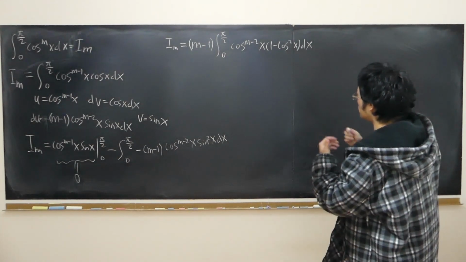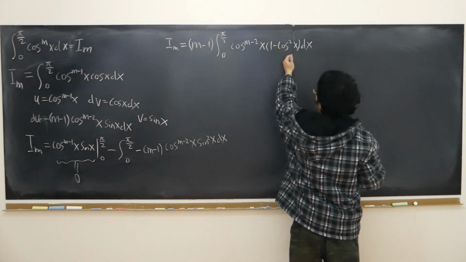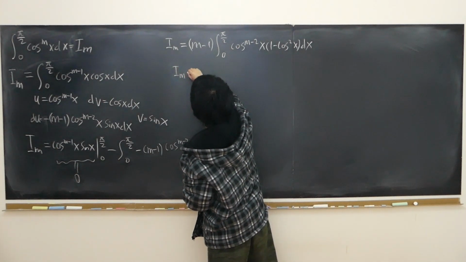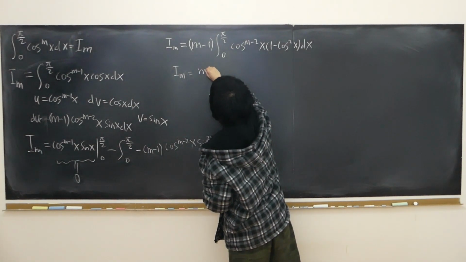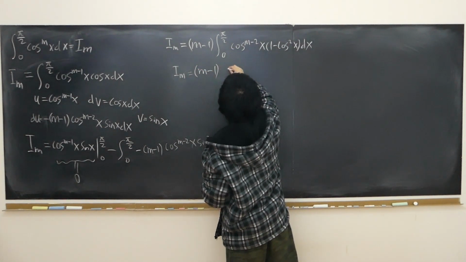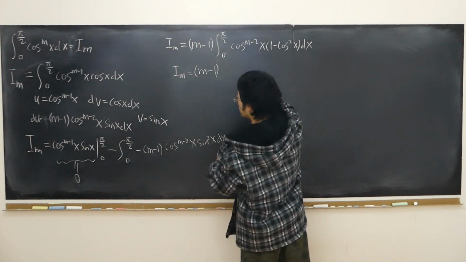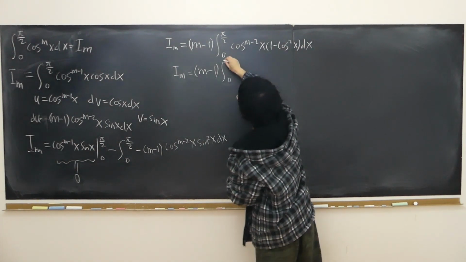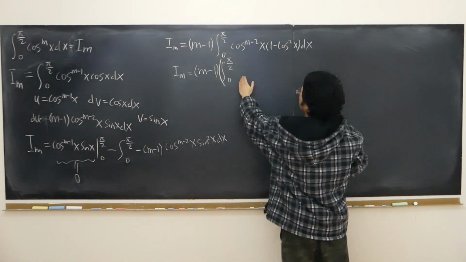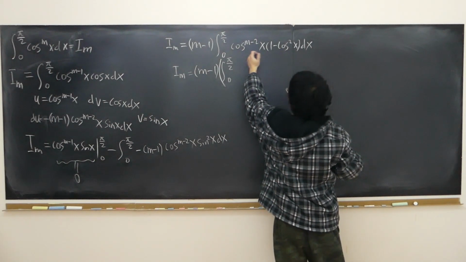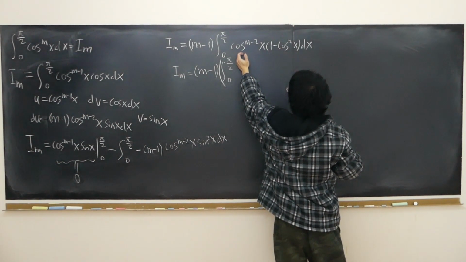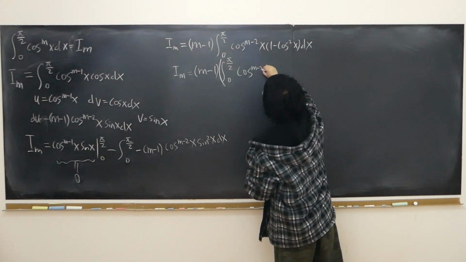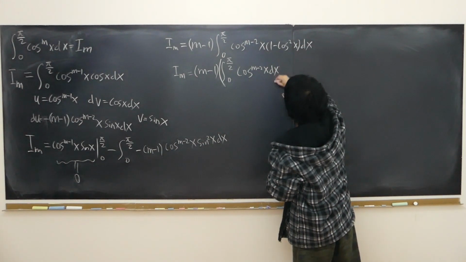Then we can distribute it onto each of these. So I sub m is m minus 1 times, of course, another bracket here. First of all, distribute this item onto here. We have cos to the power of m minus 2 x dx. That's my first integral.